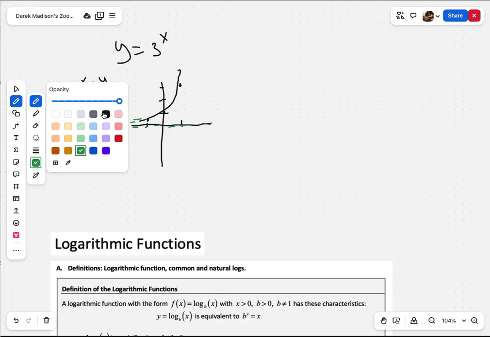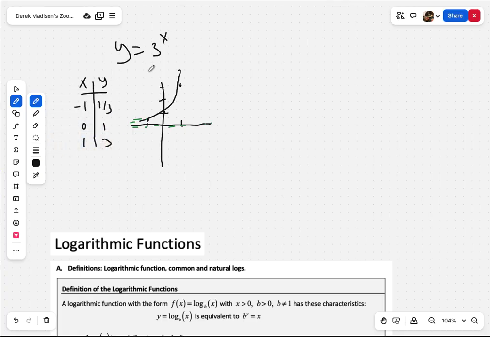So if we found the inverse of this function like we did a couple sections ago, it would be x equals 3 to the y. At the moment, we don't have a good way to solve for that y, but just to flip the x and y, we'll skip the solve step for a second. What that means is we would have this table but in reverse.